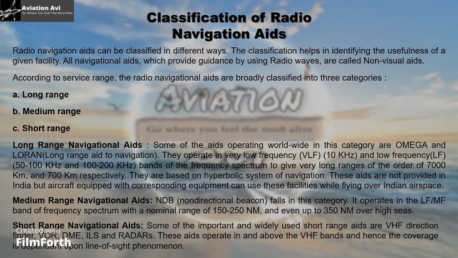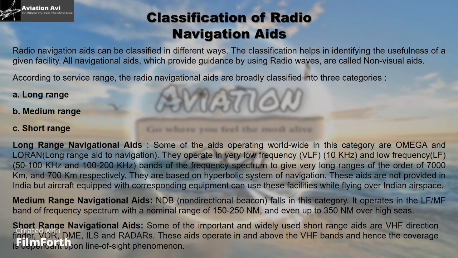So as you see, with lower frequency it travels a larger distance, and with higher frequency it travels a lower distance. But these long range navigation aids help in covering longer distance as a whole.